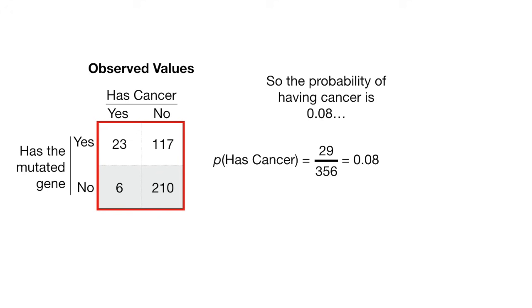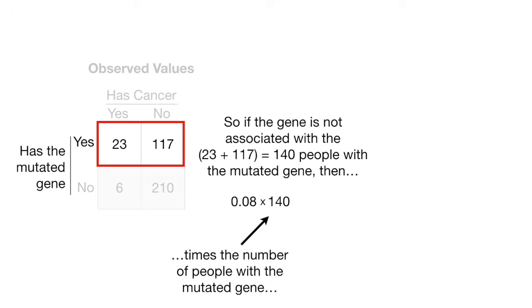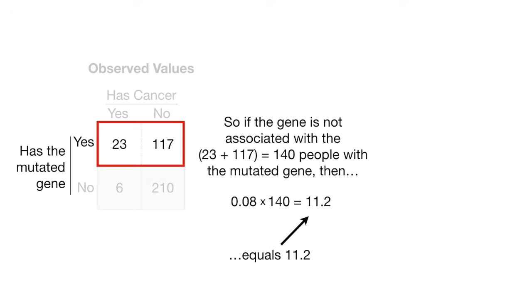So the probability of having cancer is 0.08. So if the gene is not associated with cancer, then for the 23 plus 117 equals 140 people with the mutated gene, the probability of having cancer times the number of people with the mutated gene equals 11.2.